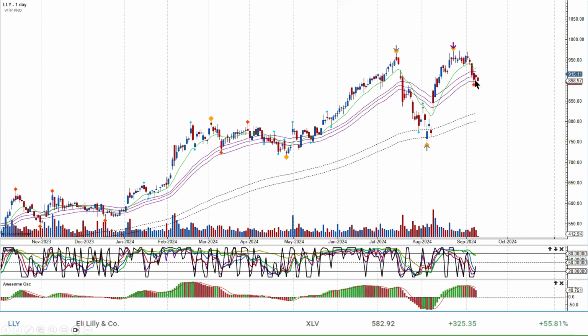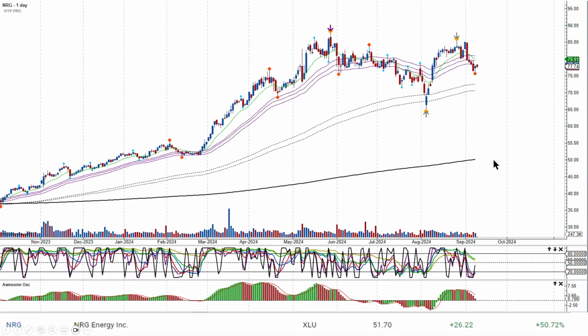We could move up, make a new high. We could move up and correct this move and then come down further. For me, it's not as decisive from this point. For me, it's more decisive from this point. I can make an assumption that we are going to go higher from this point. From here, it's not so easy, okay?